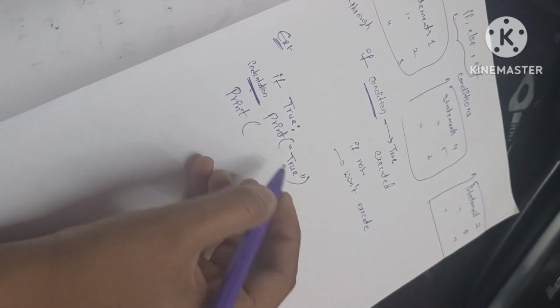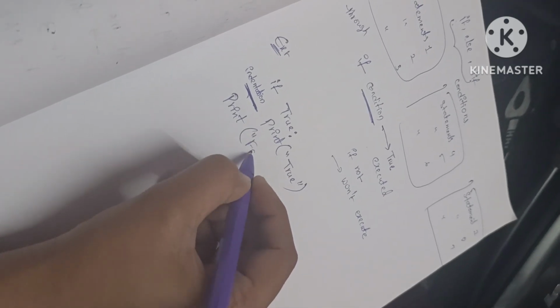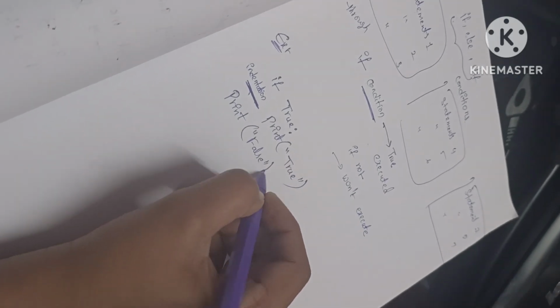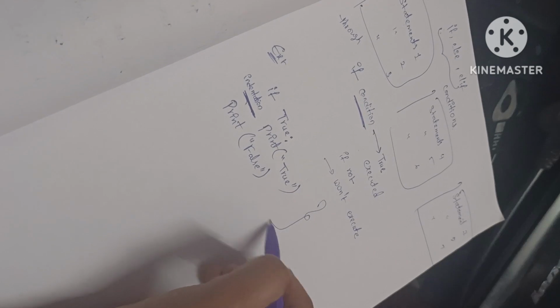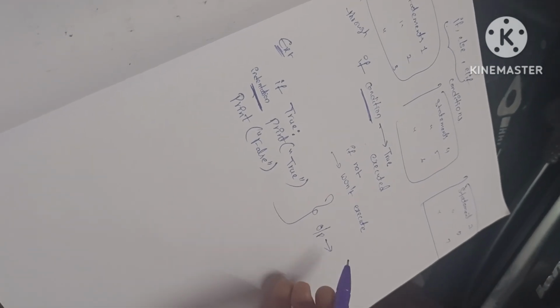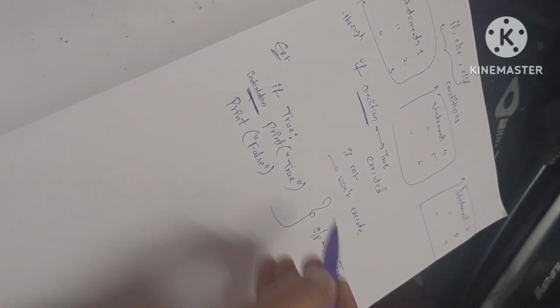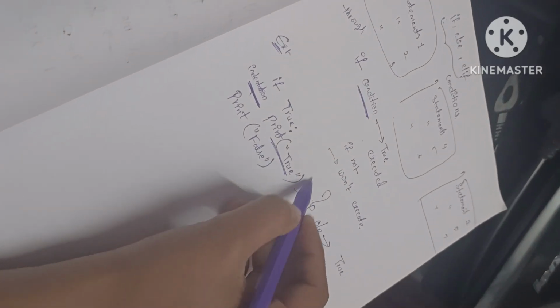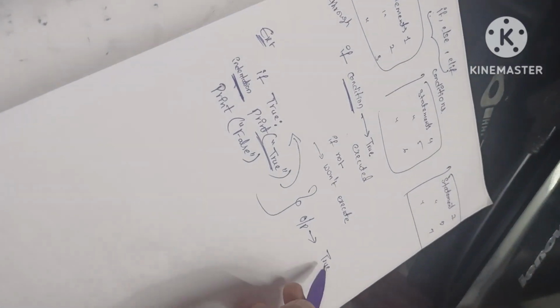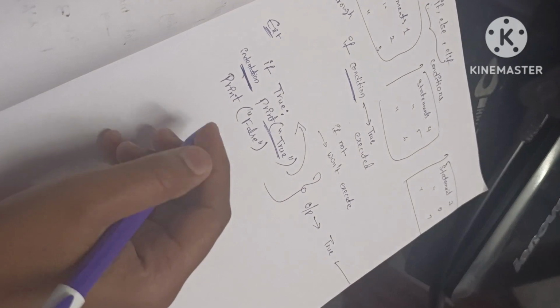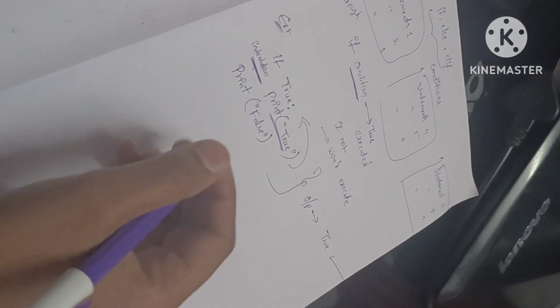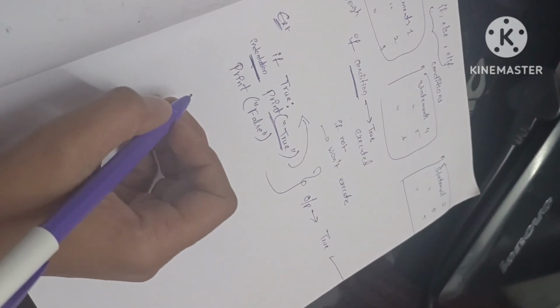I didn't mention indentation, I didn't mention any space for the next print False statement. That means that false statement does not belong to the if. Wherever I mention a space inside the if block, those statements belong to the if condition.